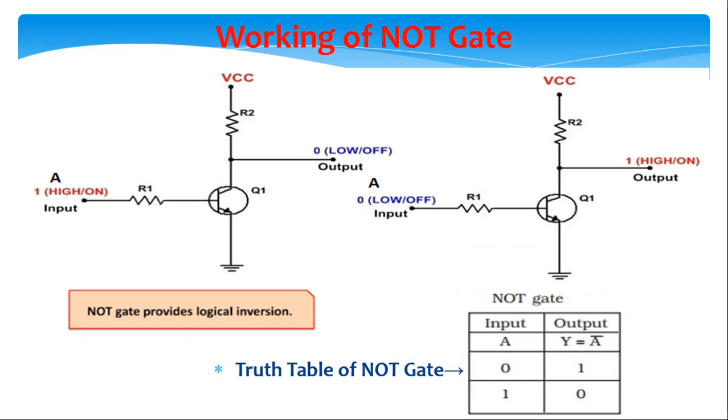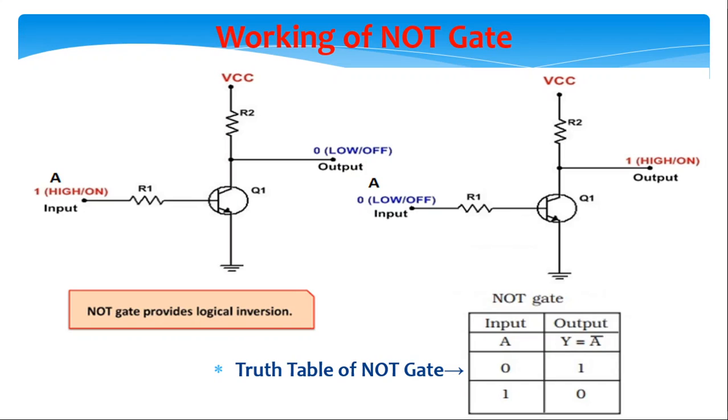That means very high current will flow through the transistor and it is driven into saturation, and all the current then passes through its collector to the emitter and into ground, so that the total supply current will be drawn by transistor.